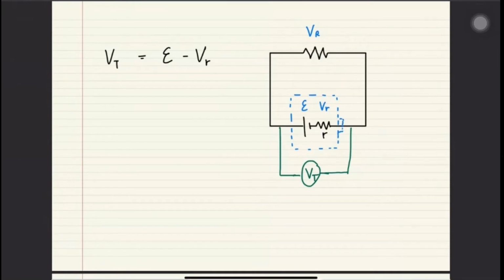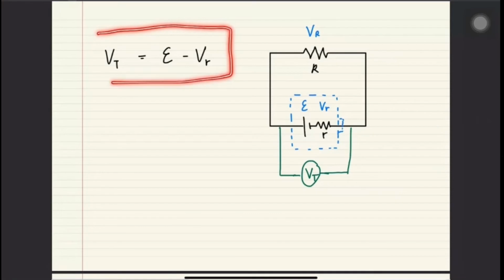And then kalau yang VR tu, itu biasa pakai simbol capital R. Okay, so I can deduce from this diagram alone, okay, VT ni yang kita baca kat luar ni sama dengan epsilon ni yang diberi oleh EMF, yang dibekalkan oleh manufacturer tu, contohnya tadi 9 volt tolak dengan drop of voltage across the internal resistance. Okay, if you can see this one, then shouldn't be a problem. So this is the concept lah.